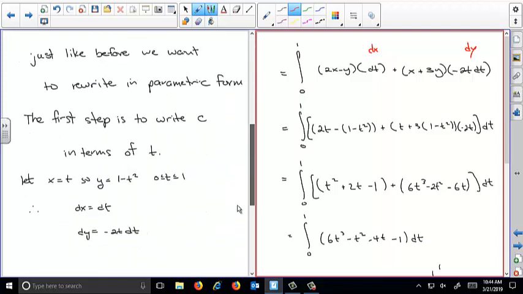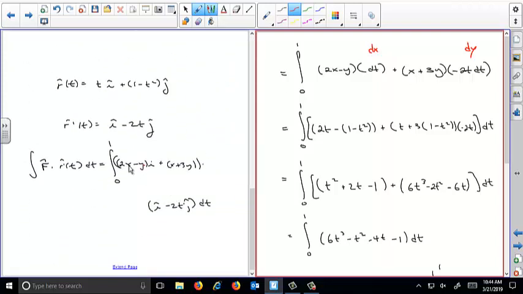So if we do that, we get (2x minus y) dotted with i. Now one thing we haven't done here is this part is not in parametric form in this particular situation. So let's just see what happens.